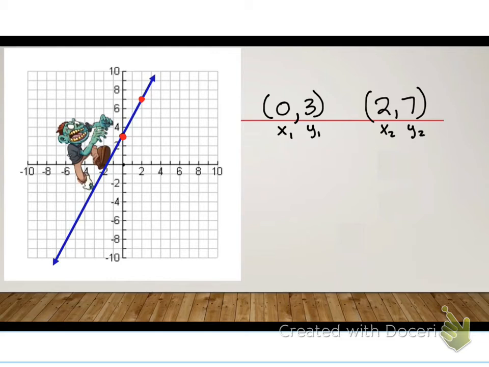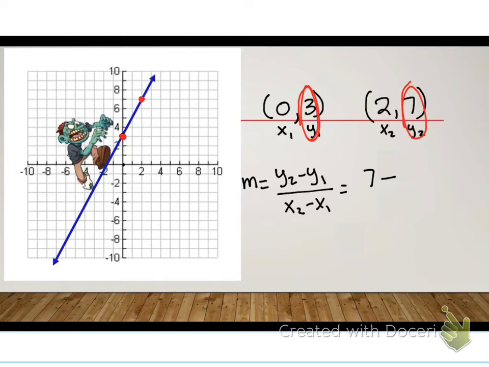So let's write our equation. Our slope is equal to y2 minus y1 over x2 minus x1. Let's put in our numbers. y2 is going to be 7, so let's put 7 minus our y1, which is a 3.